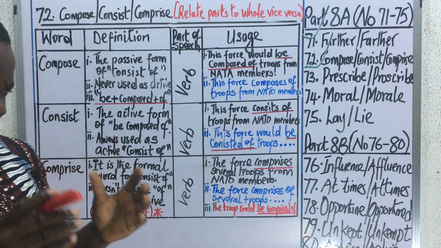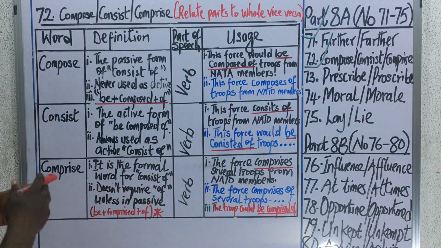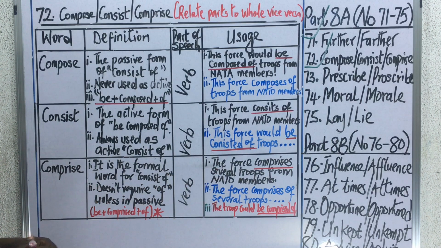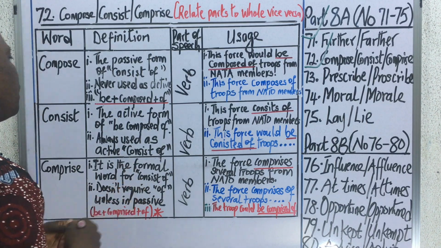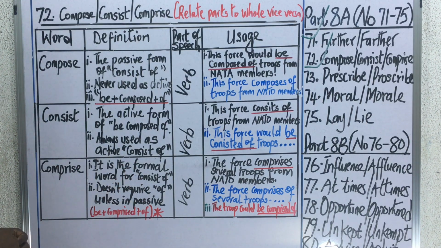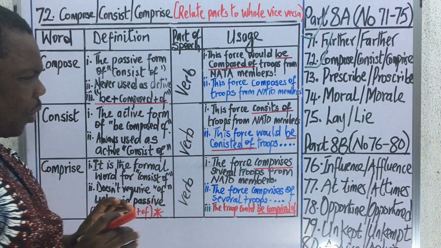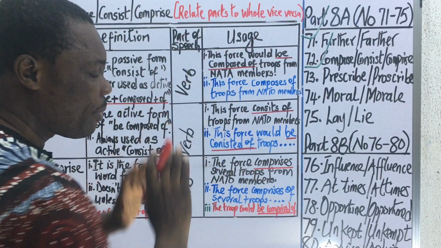Now, I want us to be very careful, I want us to be very attentive with the way we are going to be analyzing these words right now, because they are highly conflicting words in usage. I think the conflict is coming from the fact that the three words mean the same thing.